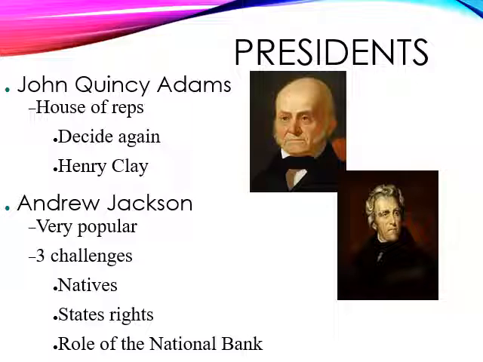Well, the problem became that after that, John Quincy Adams saw Henry Clay as a very, very good politician, which he was, and so he actually hired him on as his Secretary of State. And so from then on, every time that Andrew Jackson could talk to anybody, he was talking about how Henry Clay and John Quincy Adams had cheated and won the election because Henry Clay had used his influence to get John Quincy Adams in just so that he could get a position of power like the Secretary of State, right?